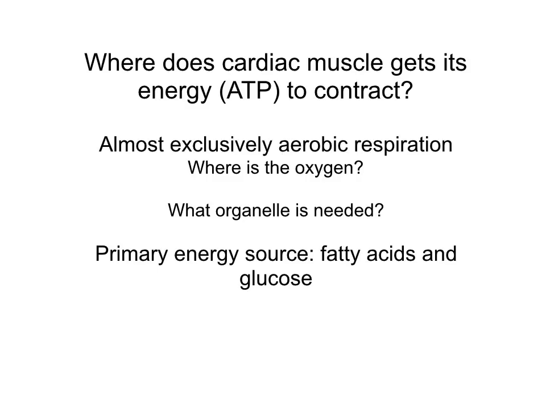Now, the primary energy sources for cardiac muscle cells are fatty acids and glucose. And the percentages are not what you think. Believe it or not, your cardiac muscle cells use fatty acids for approximately 60% of their ATP. So your cardiac muscle cells actually prefer to use fatty acids to get their ATP. And that's because you can get more ATP from a fatty acid than you can from glucose.